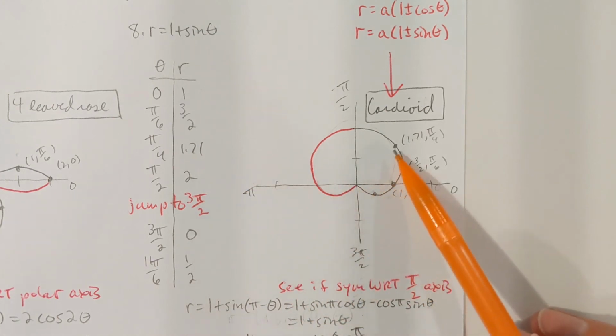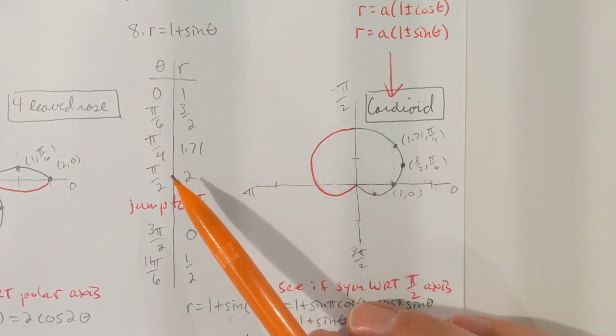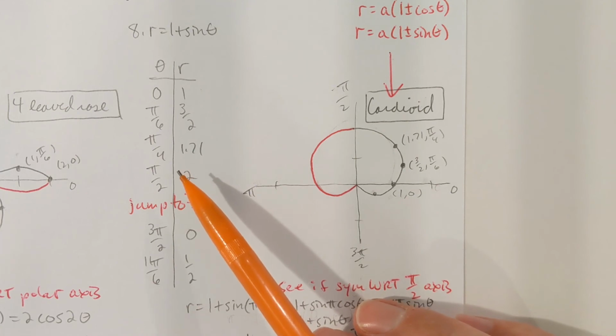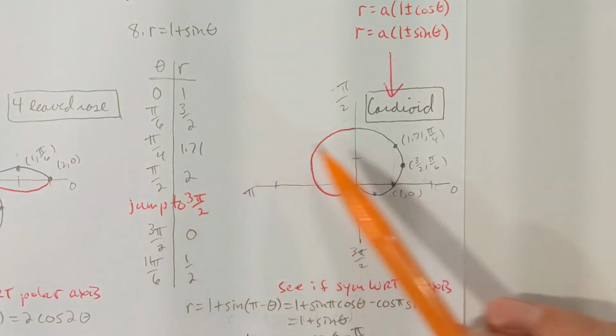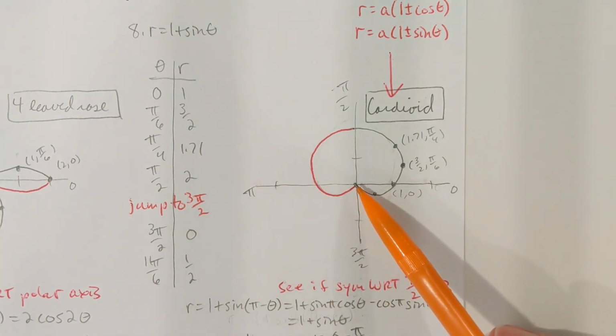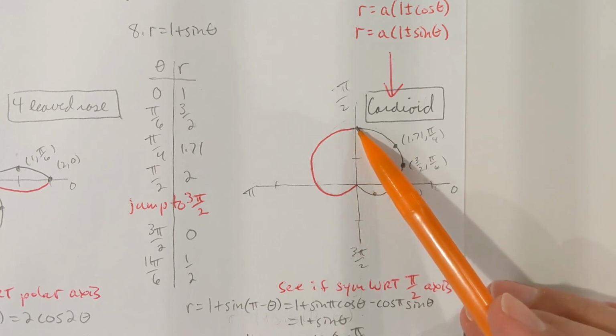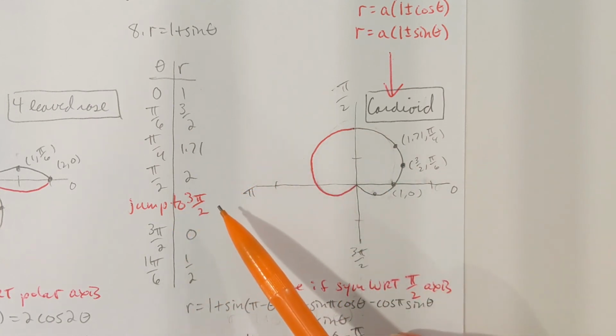So on the pi over 4 radial line, I want to go out about 1.7 units there. Okay, if I let theta be pi over 2 next, sine pi over 2 is 1, plus 1 is 2 for r, so here's (2, pi over 2).